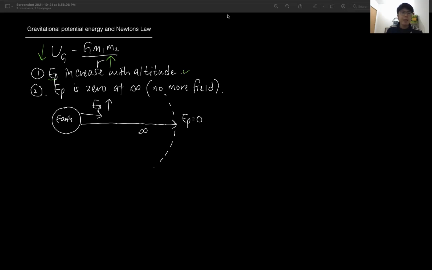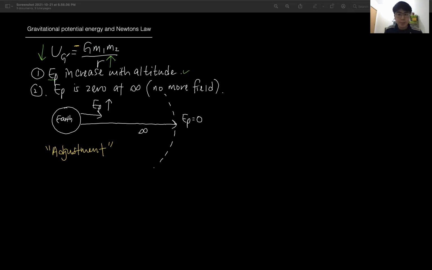So I have to make an adjustment. I'm going to add a negative in front so that it makes more sense. You see, when I increase the distance, when I increase R, what happens to the value of U_G?